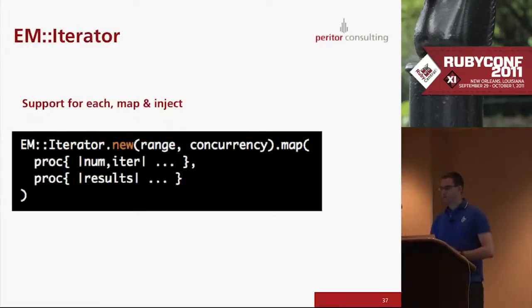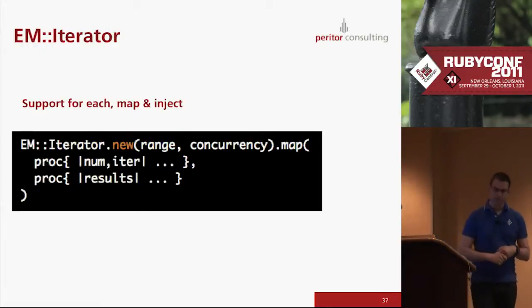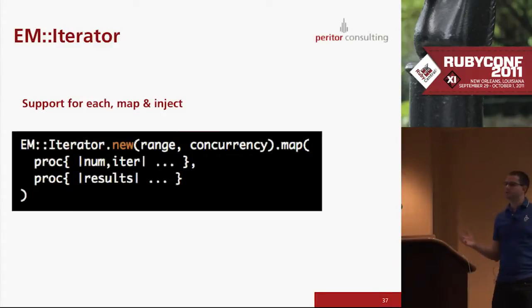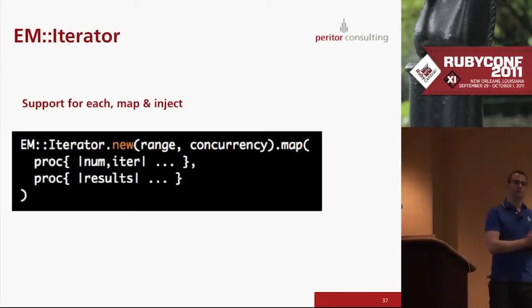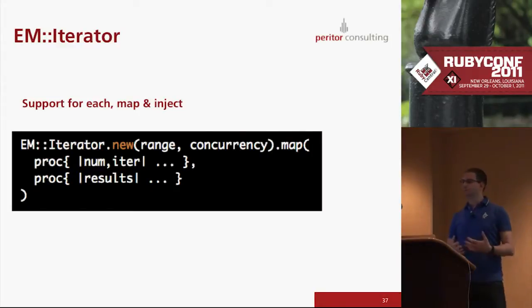EM-Iterator is built-in syntactic sugar, a wrapper to do this. You give it a range, and you give it the number of concurrent workers that you want to use, and then a proc that will work on the individual item in the range, and then optionally you can give it a second proc that will work on the result once all results are there.